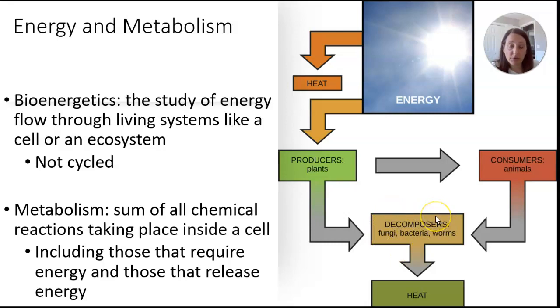Through these processes, heat is released. But notice again that energy doesn't cycle back through. Producers don't get that energy back. The sun doesn't get that energy back. In the next part of this chapter, we'll talk about thermodynamics, and some of that will come into play again.